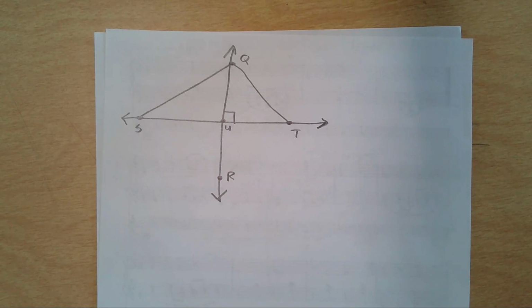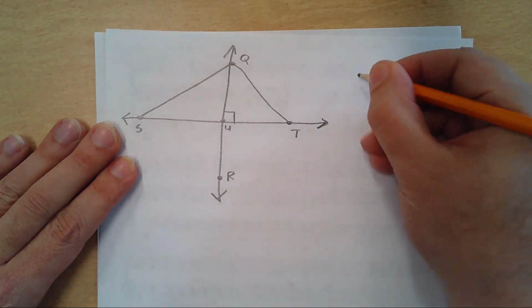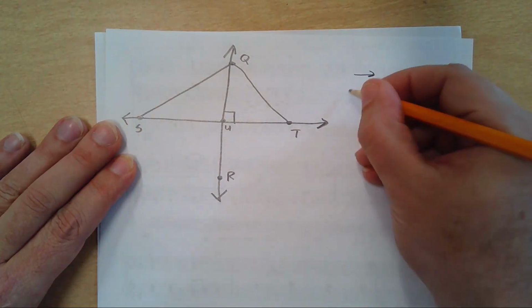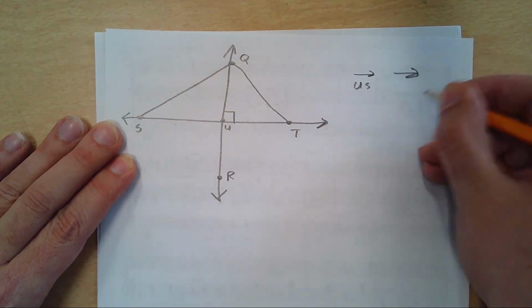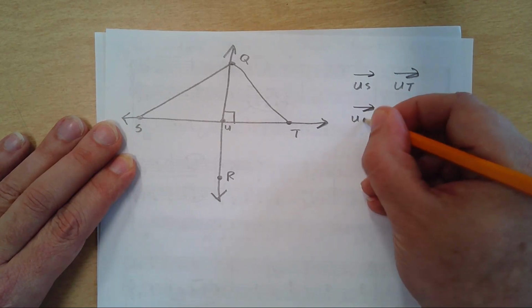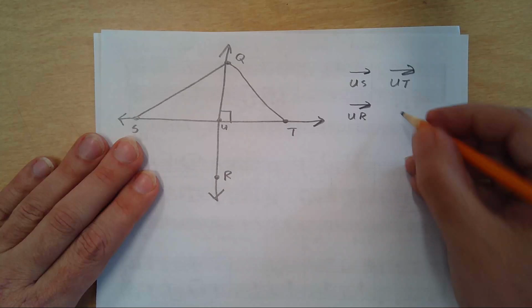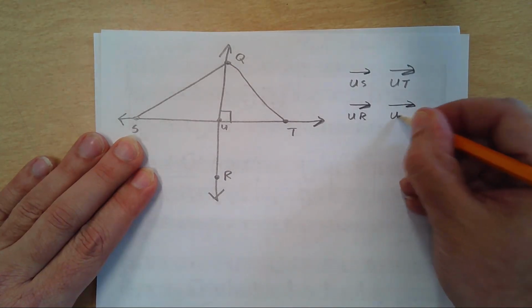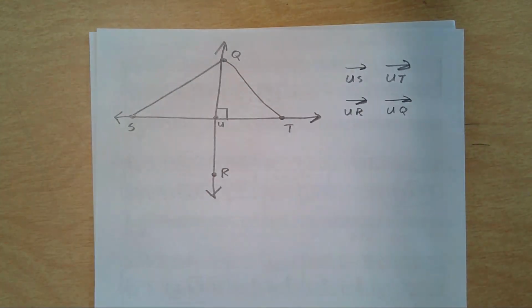There's 4 rays in there. US, UR, UT, UQ. And of course, all of those would be represented using my ray symbol. And again, the order matters. You always list the endpoint first. So there they all are. Those are the 4 rays that are in there.